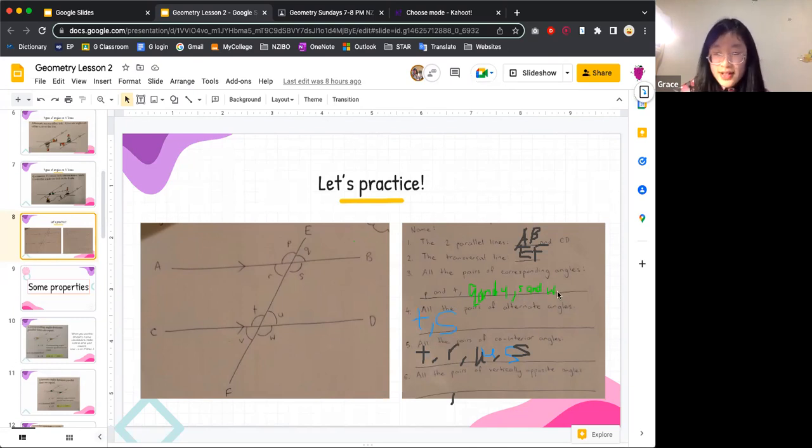And can anyone spot another pair of corresponding angles?